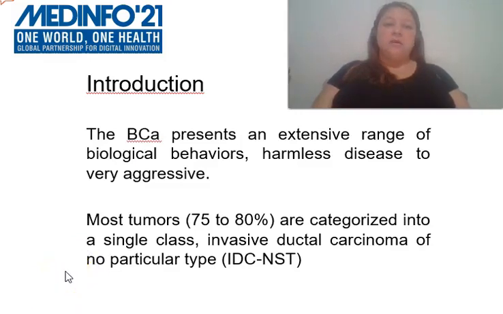BCA presents an extensive range of biological behaviors, from harmless disease to very aggressive. Most tumors, 75 to 80%, are categorized into a single class, invasive ductal carcinoma of non-special type, IDC NST.